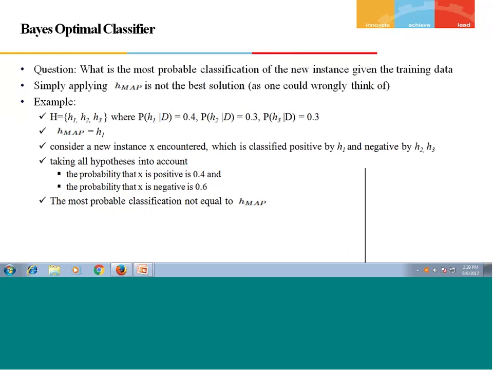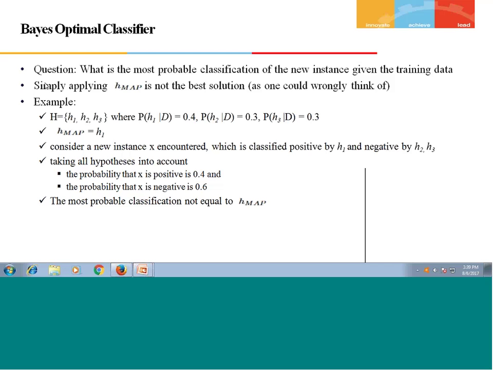So, the Bayes optimal classifier. What is the most probable classification of the new instance? We now know that there is a classification we can do using MAP hypothesis or MLE, maximum likelihood. But can we improve further?